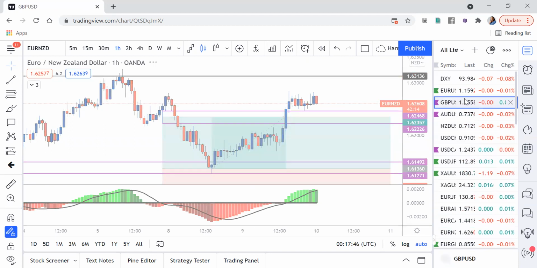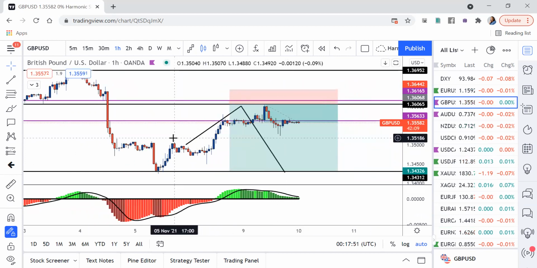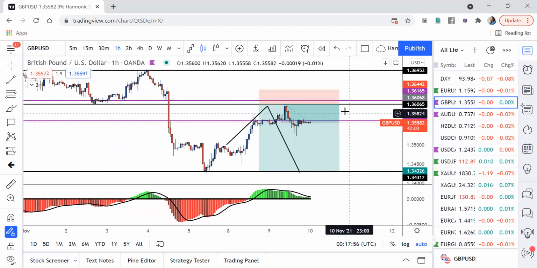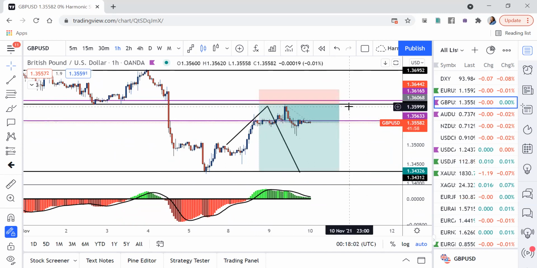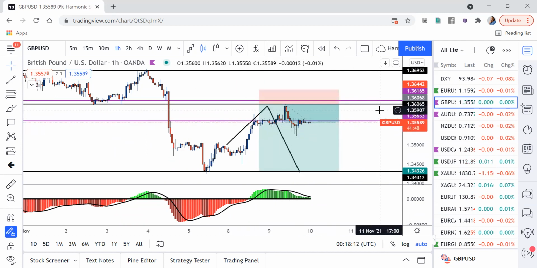Currently we are in GBP USD for the sell. We had a really, really nice entry. When I sent out this chart to you guys, when the market was around here, I set a limit order at the entry, which is 136.068. The market came and activated my order and dropped instantly, and never went back.